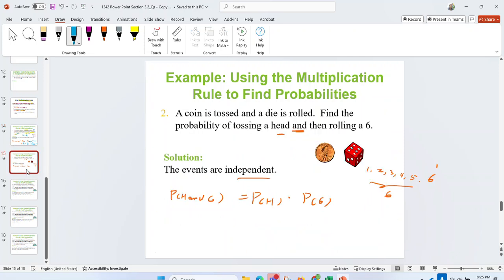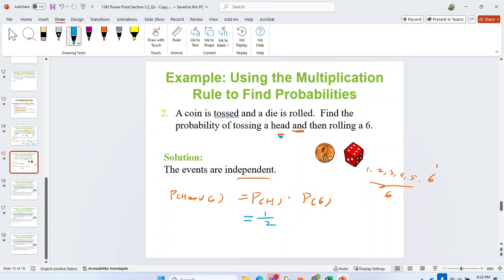All right, so the second one here: a coin is tossed and a die is rolled. Find the probability of tossing a head and then rolling a 6. We know these two are independent, right? So the probability of getting a head is 1 out of 2, because the coin has 2 outcomes.